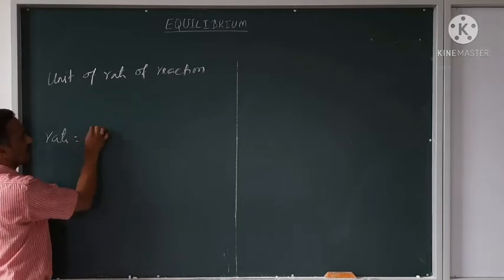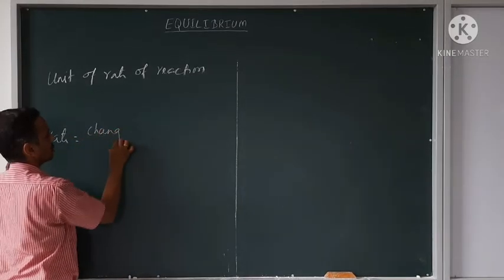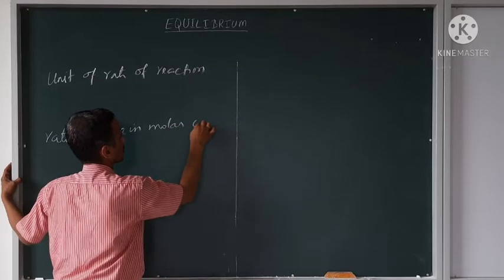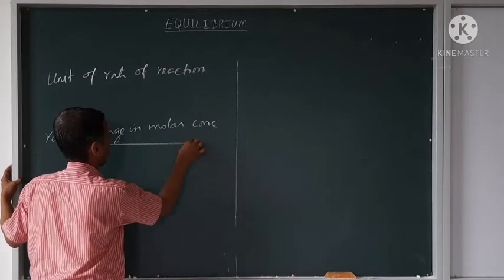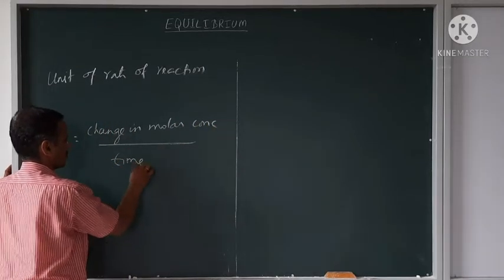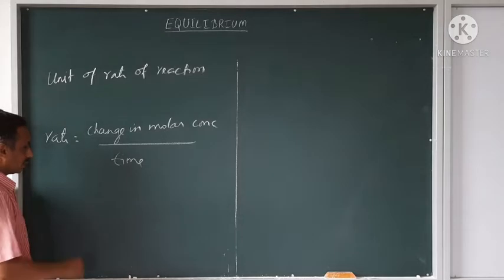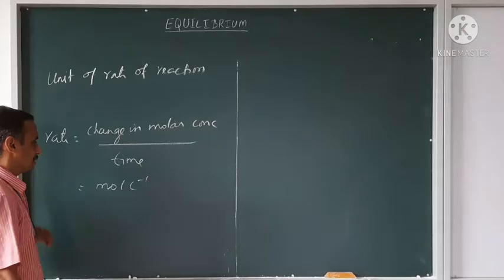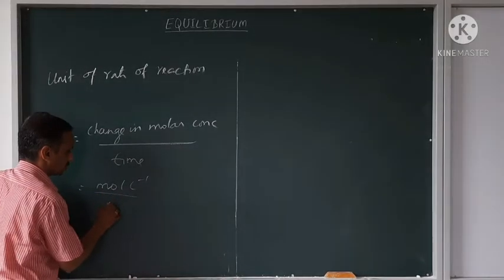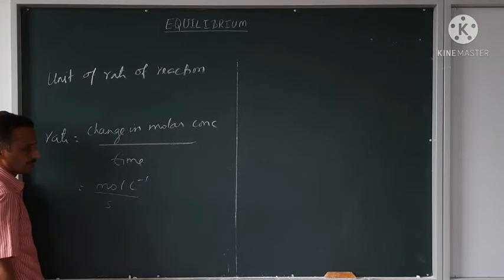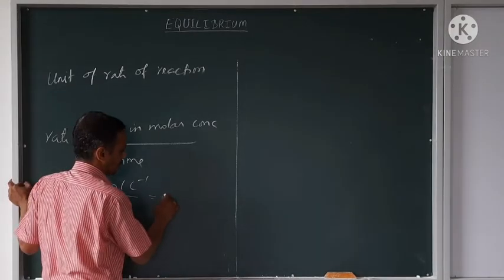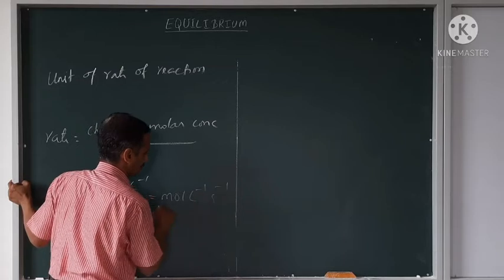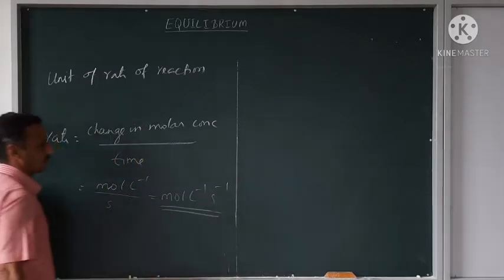Rate is change in molar concentration by time. You know, molar concentration is mole per liter and the time is second. So I can write it as mole per liter second inverse is the unit of rate of reaction.